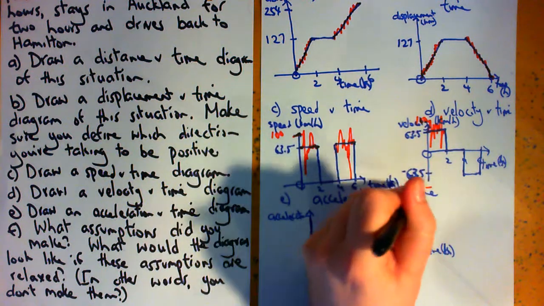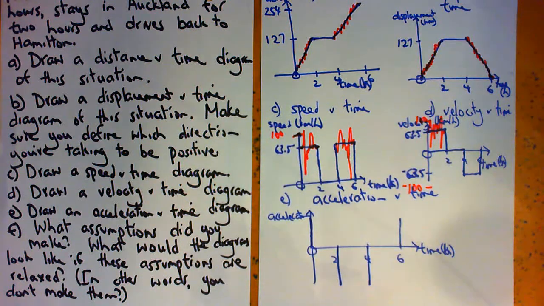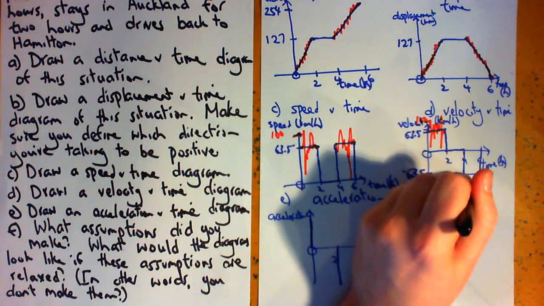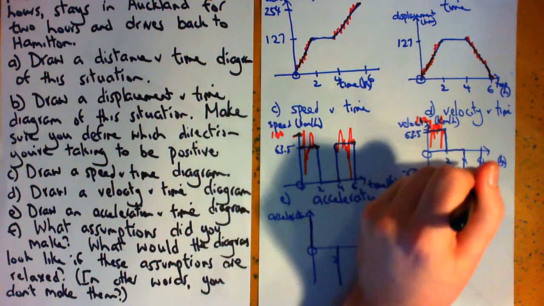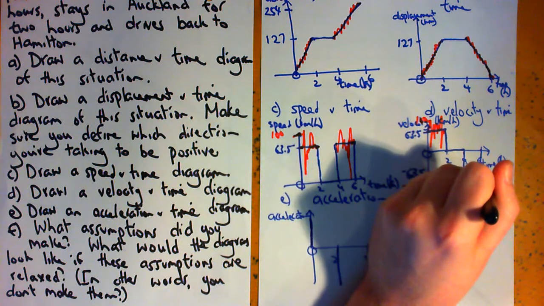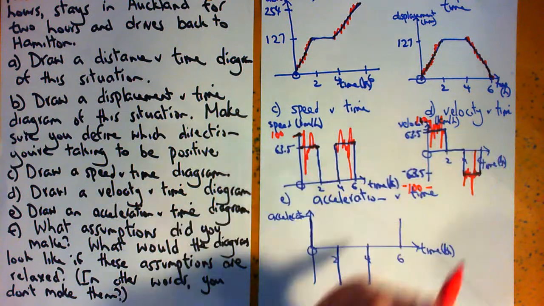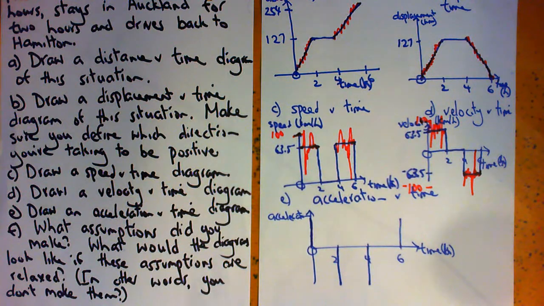And we could have a minimum velocity of negative 100, which is when they're travelling at 100 kilometres per hour on the return journey. So this line, instead of being a straight line, could be something like that. In fact, let's also draw in here a point where they are stationary. Maybe they got hungry and decided to have a bite to eat on the way or something.